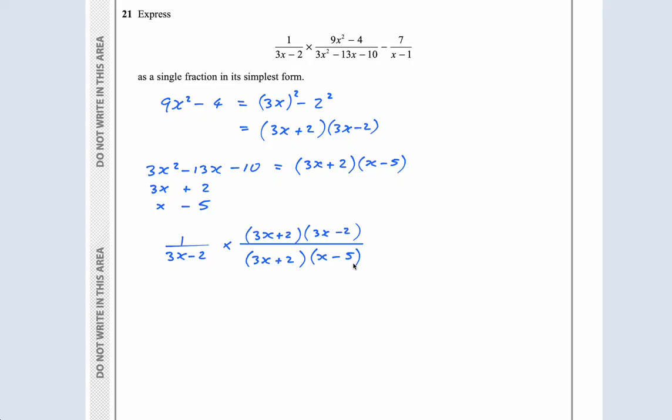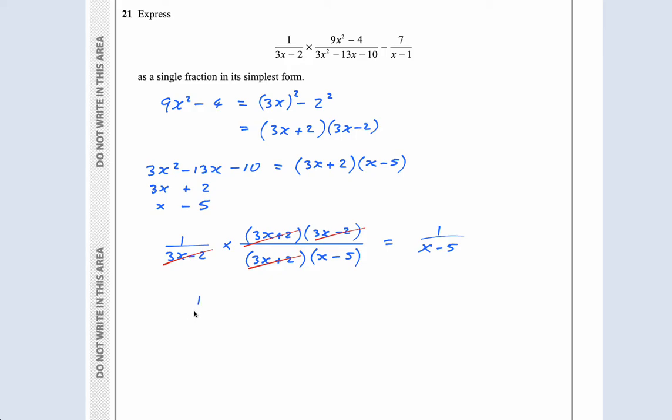Now look, this quite nicely simplifies. 3x plus 2 over 3x plus 2 cancel, and 3x minus 2 over 3x minus 2 cancel. I divide above and below by both of those. So this becomes just 1 over x minus 5.